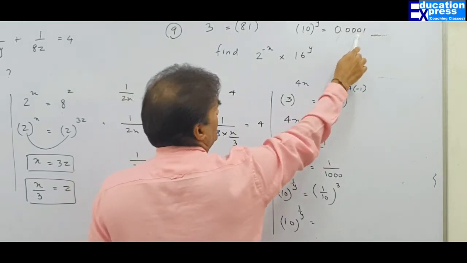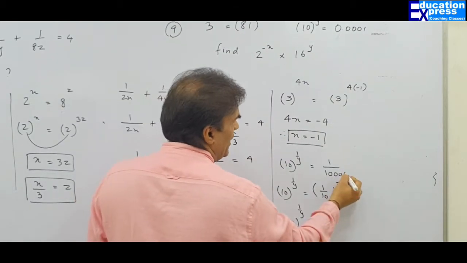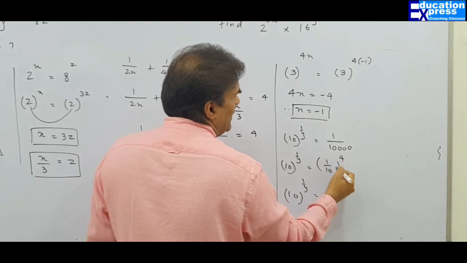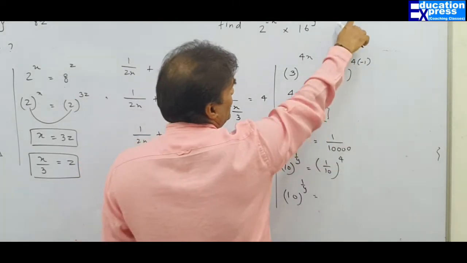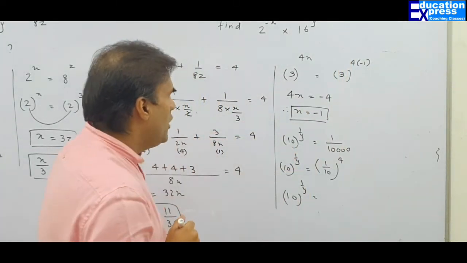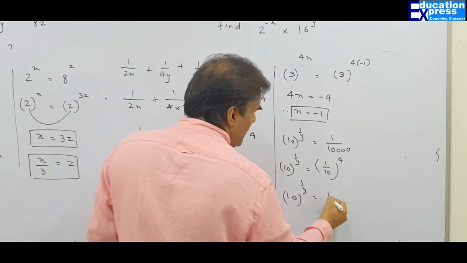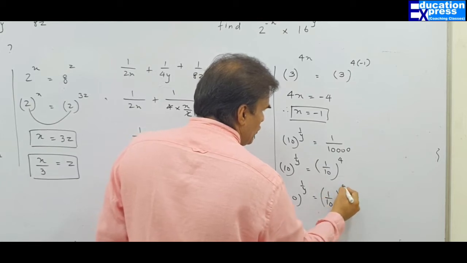So this has to be 1 upon 10,000. Accordingly, this will change to 4 because it is given 0.0001. So 10 raised to 1 upon y, rest all remaining the same, is 1 upon 10 raised to 4.